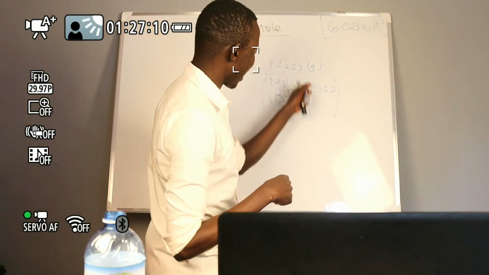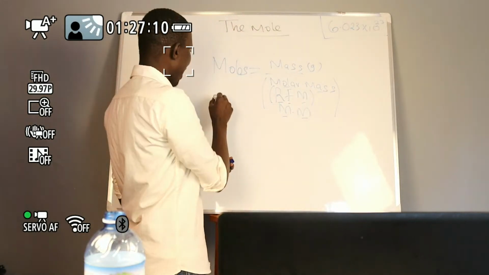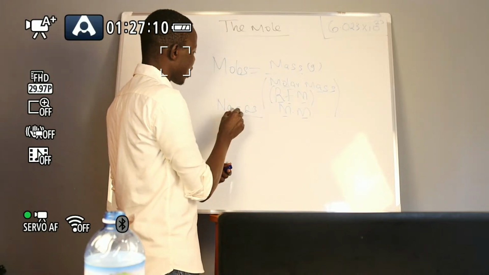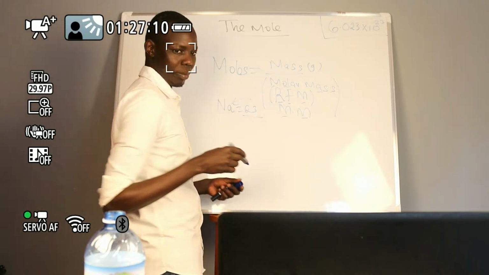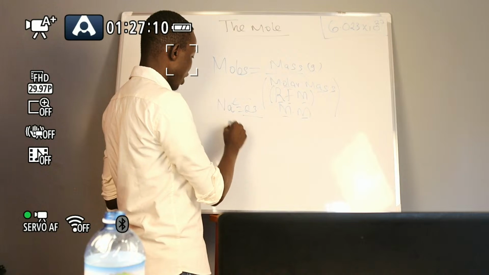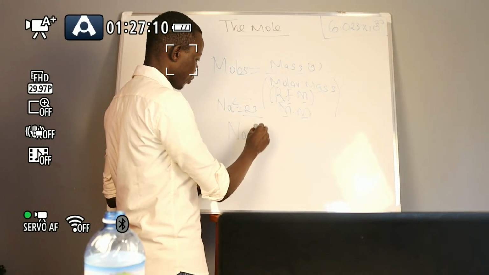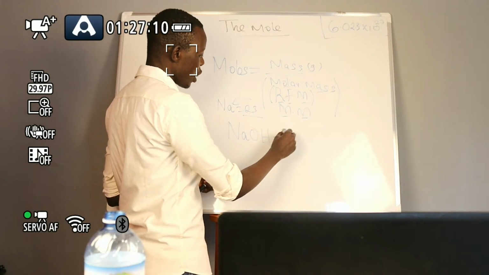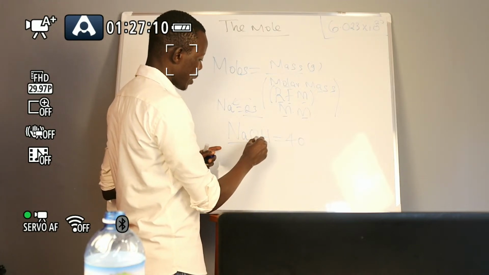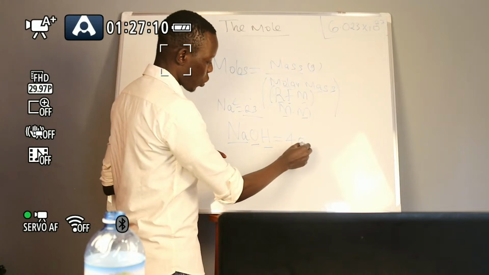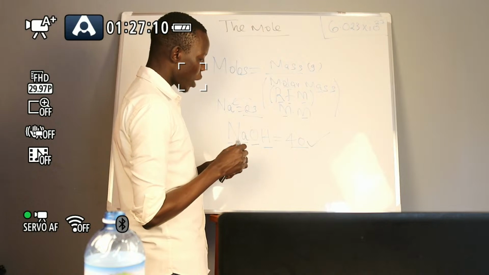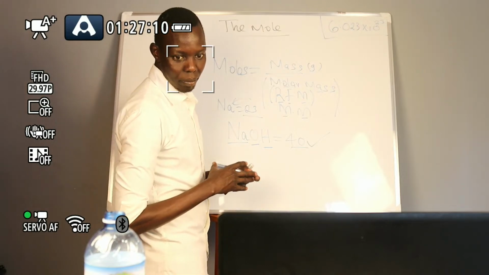You know, there are people wondering what these are. If I write sodium and write 23, this is the molar mass of sodium. But if I write sodium hydroxide, this is 40 because 23 plus 16 plus 1 gives me 40. If I write it like this, this one will be relative formula mass.